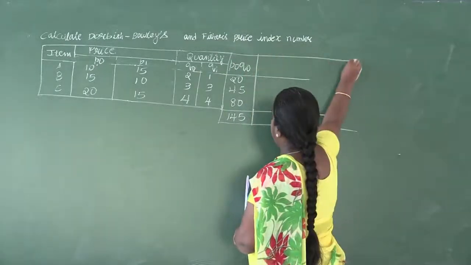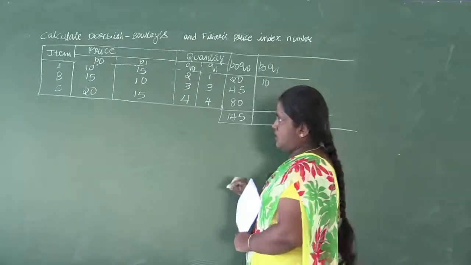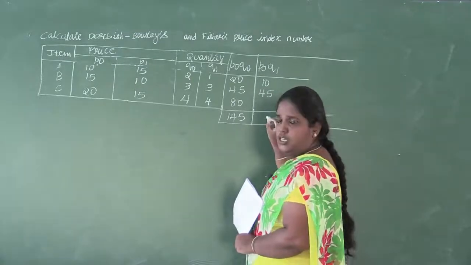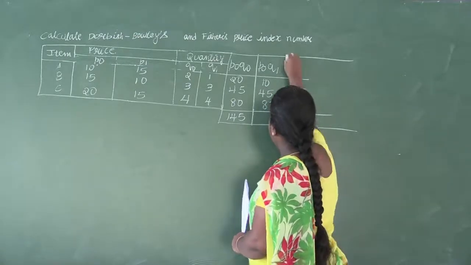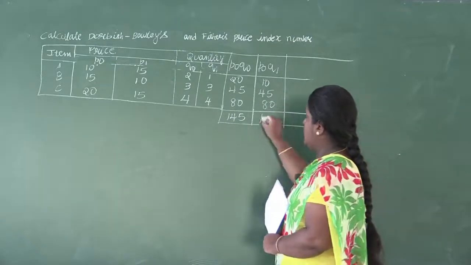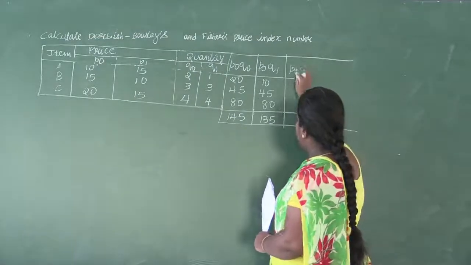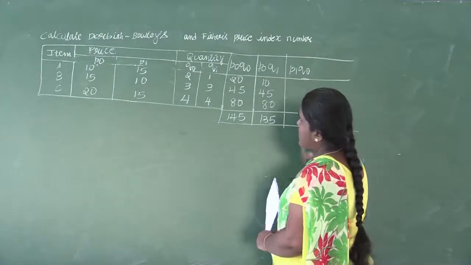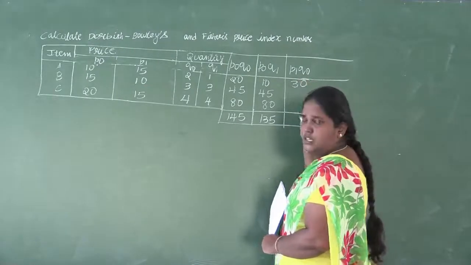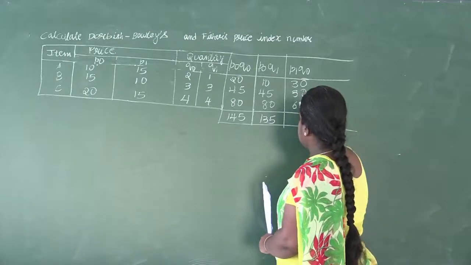Then multiply P0 and Q1. 10 into 1, 10, 15 into 3, 45, 20 into 4, 80. Then add 10, 45 and 80, will get 135. Then multiply P1 and Q0. 15 into 2, 30, 10 into 3, 30, 15 into 4, 60.